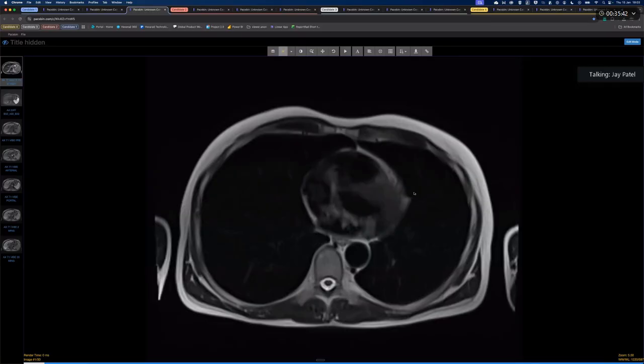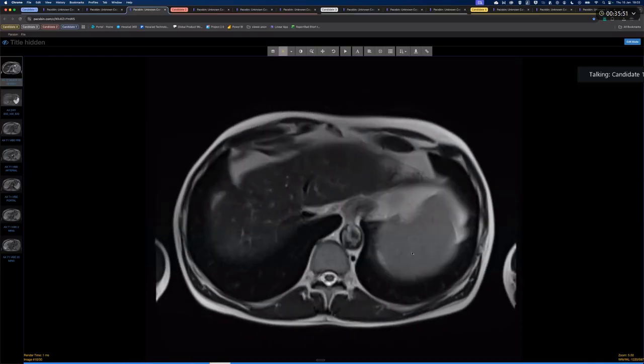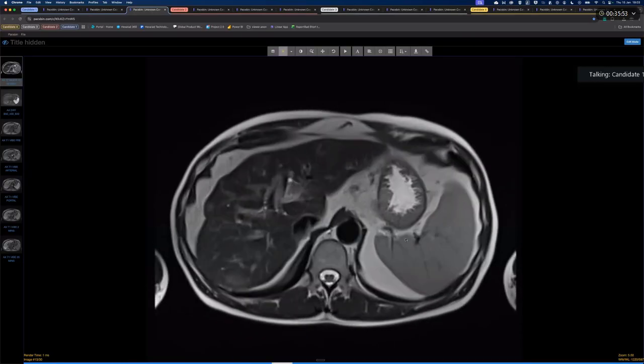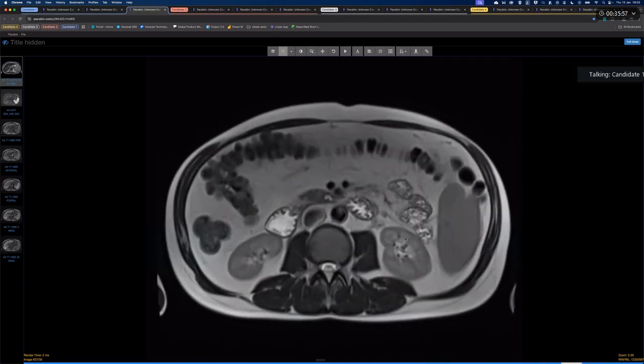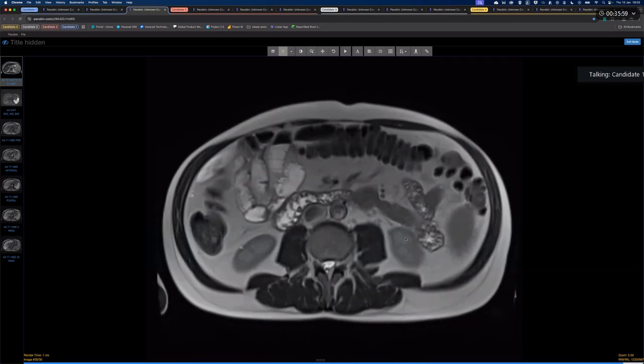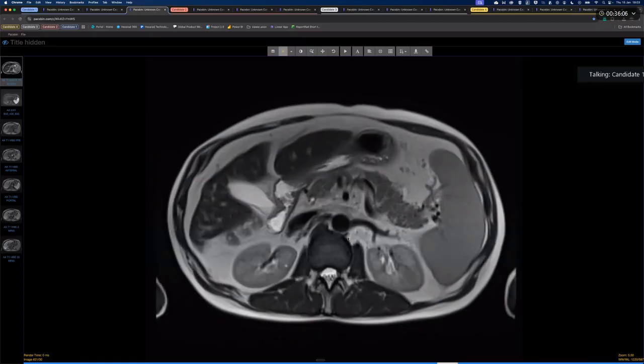Just talk me through what you see first on this sequence. Okay. So I'm presented with MRI axial cuts. This is T2 of the abdomen for a patient, for which I would like to check the whole stack of images. This is the last cut. So going up again, I can see that the liver is markedly hypointense on this T2 study.